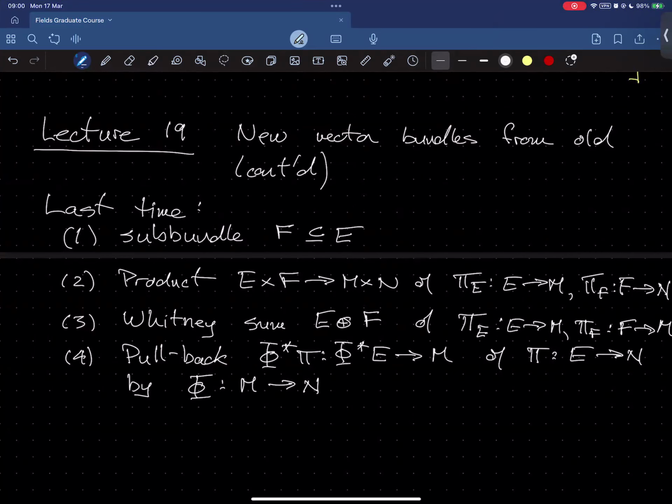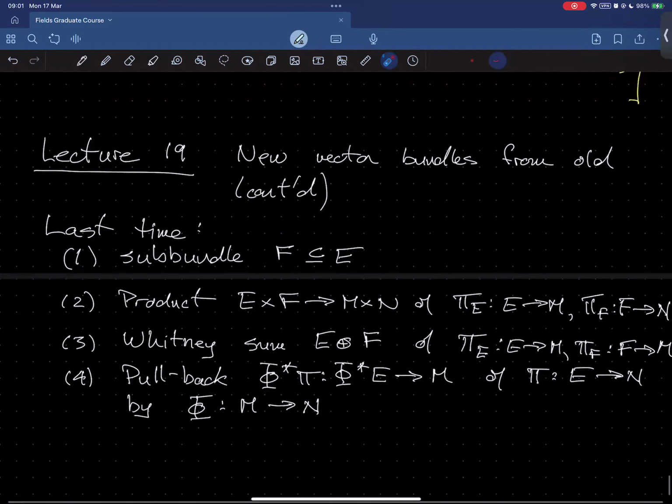We have been talking about vector bundles, and last class we focused on how to build new vector bundles from existing vector bundles. Here are the principal constructions that we had, just to remind you.